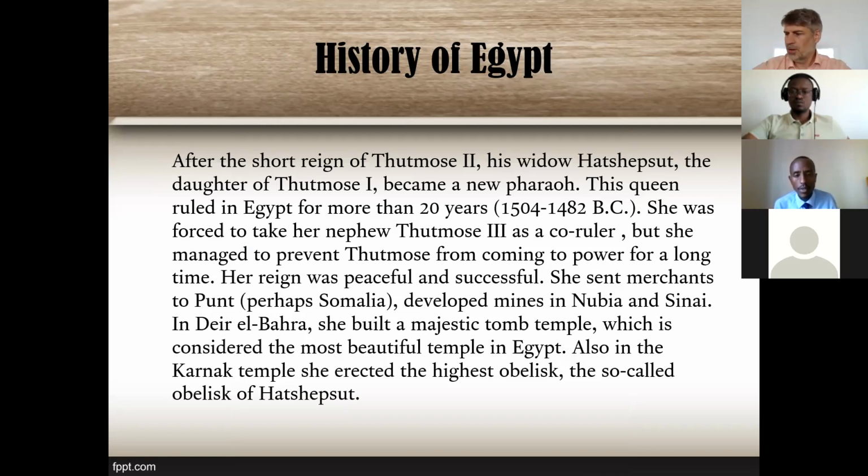So if we add, just a minute, 1445, sorry, plus 80, we will have that Moses was born in 1525 BC. And so at that time, Queen Hatshepsut could be just a princess in the house of her father.